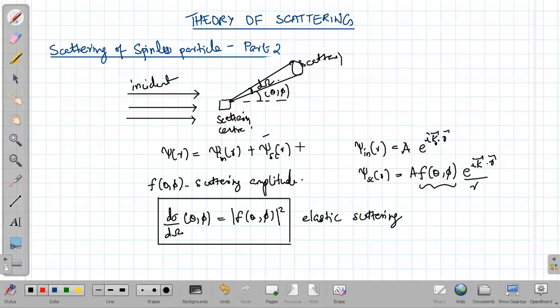Once you find psi scattering, that is the wave function for the scattering particle, then it is possible to find what is your scattering amplitude. So that is the route that we are going to take today. Okay, so we will find the expression for the scattering wave function, and in the next class we will eventually find the exact expression for the scattering amplitude.